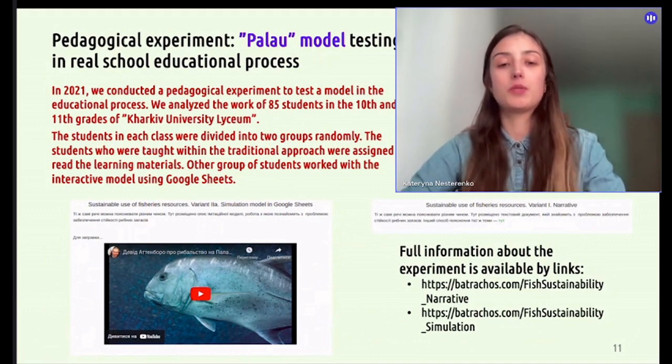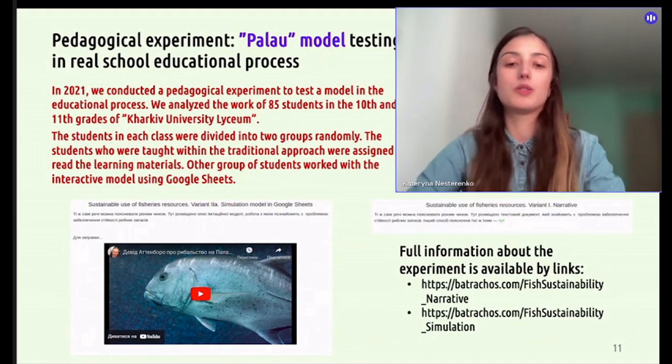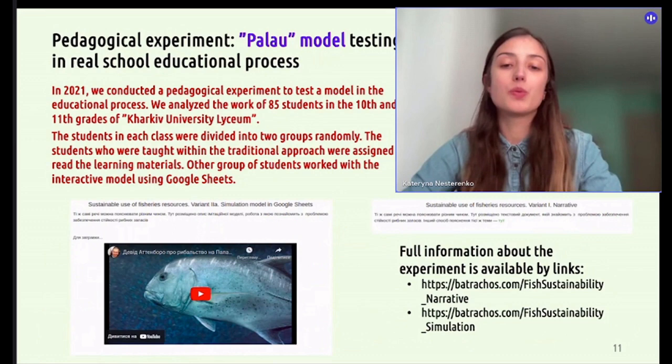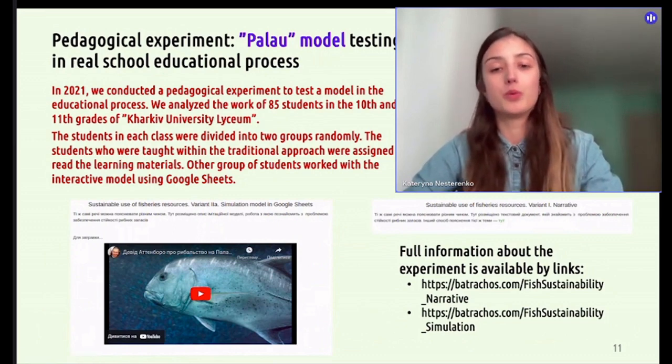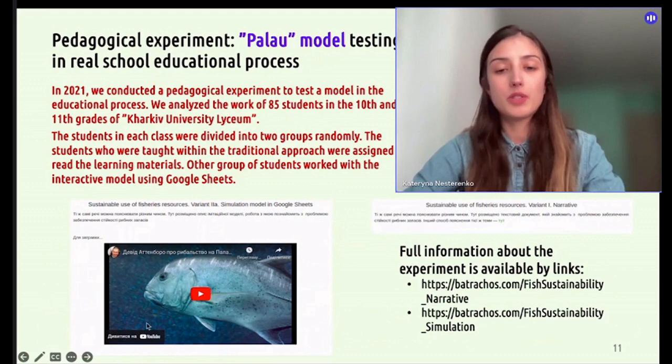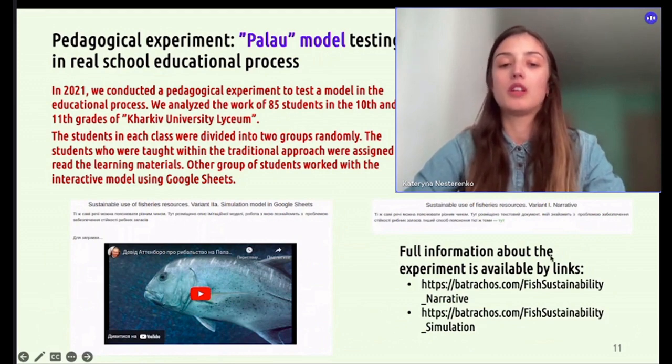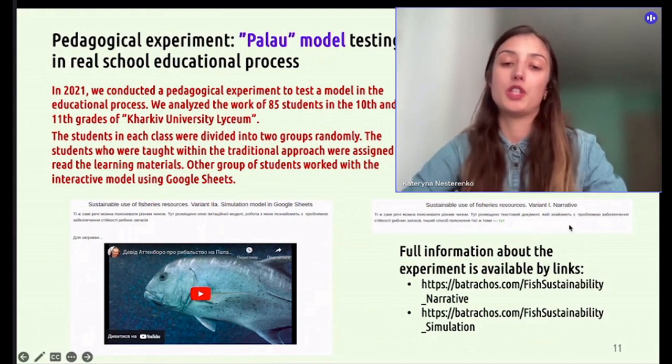This educational experiment took place under the conditions of quarantine, when the training took place remotely. Students were randomly divided into 2 groups, and one group worked with descriptive learning material and the other one with an interactive model organized using spreadsheets.